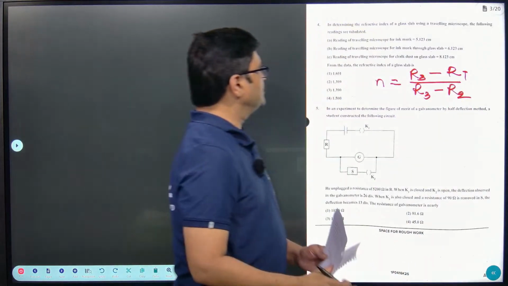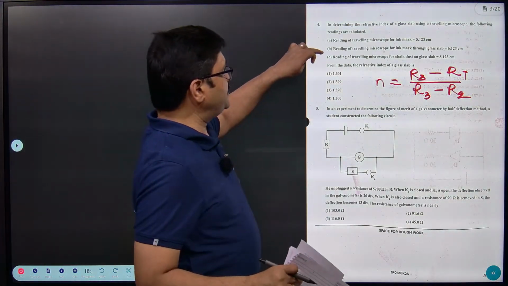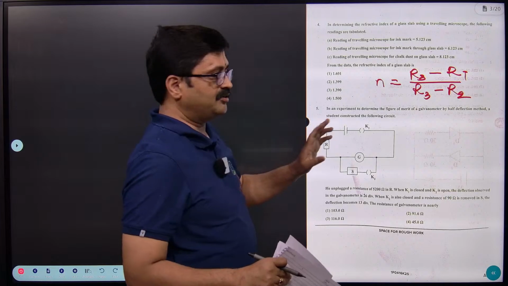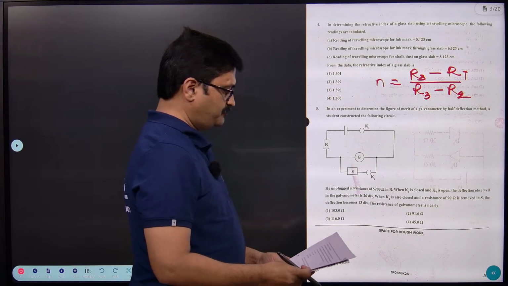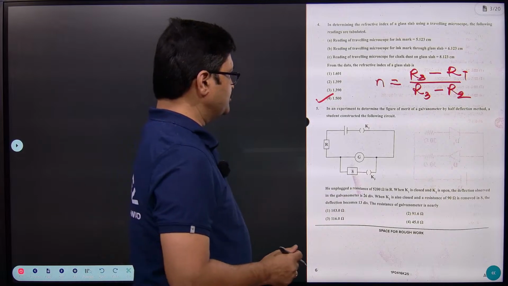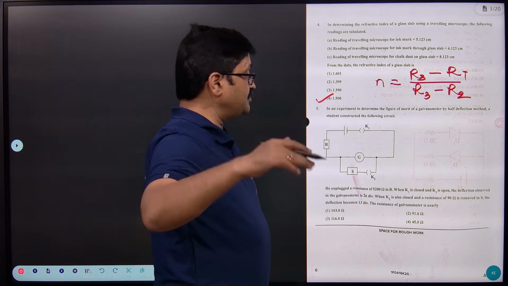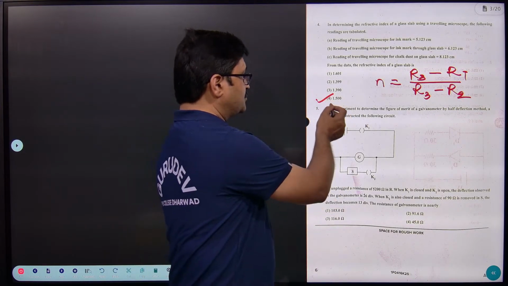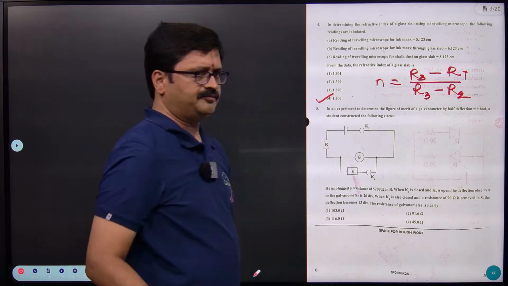So clearly C is R3, B is R2, A is R1. If you put these values, we should get 1.5000. As a commonsensical answer I can directly answer this, but anyway this is the formula that we are going to use.